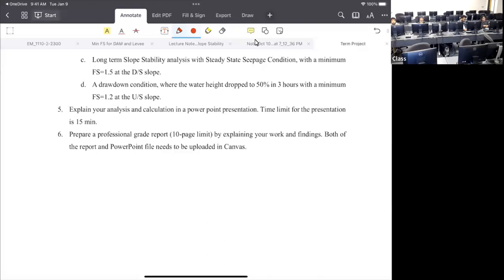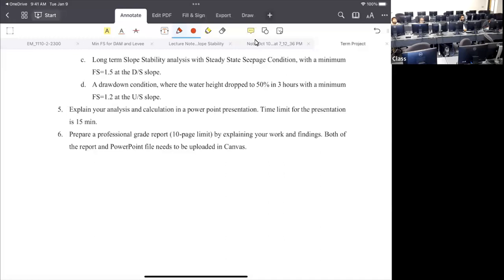But this project will give you a flavor of a real project, because it is very close to the real one. You have to present your results and prepare a report. I have a limit of 10 pages, but you can add additional results in the appendix.